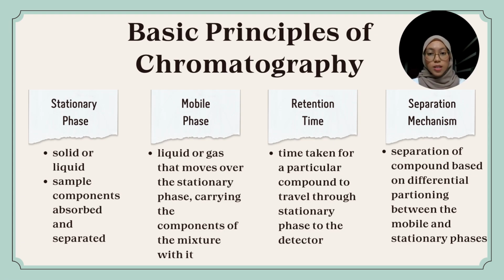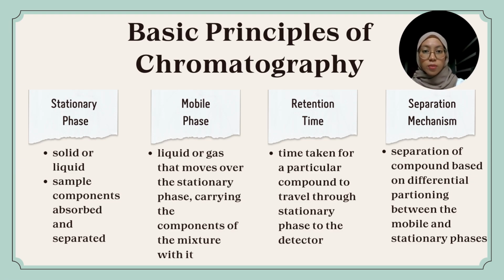The second one is the mobile phase, which is a liquid or a gas that moves through or over the stationary phase. It will carry the components of the mixture with it. The mobile phase can also vary, such as solvents like water, methanol, acetonitrile, or gases like helium or nitrogen.